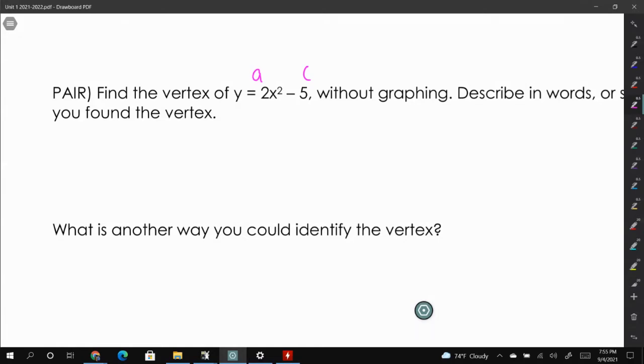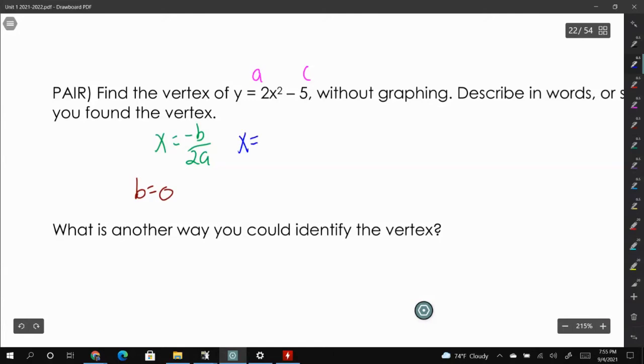Okay, so you could do negative b over 2a, but we don't have a b value. B is equal to 0. So that means our axis of symmetry would be negative 0 over 2 times 2, or 0.